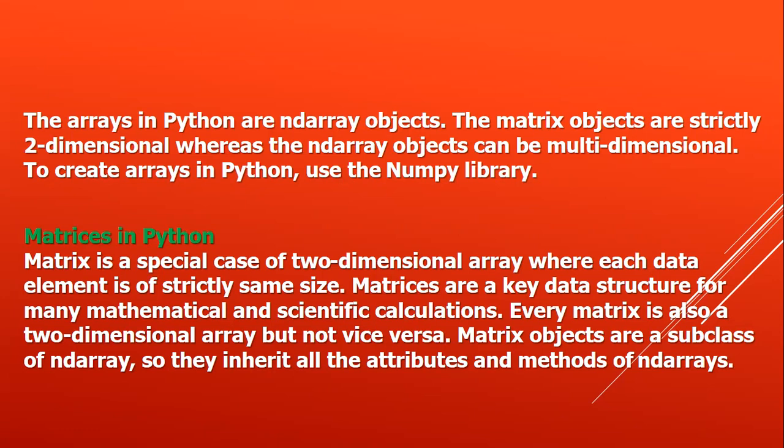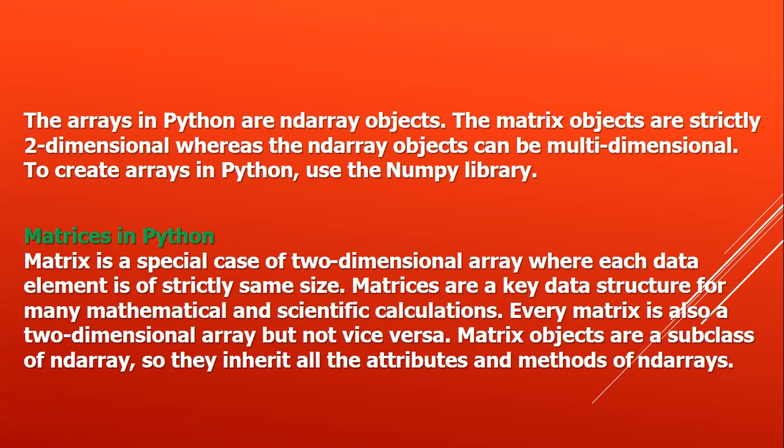Matrix in Python: a matrix is a special case of the two-dimensional array where each data element is of strictly the same size. Matrices are a key data structure for many mathematical and scientific calculations. Every matrix is also a two-dimensional array, but not vice versa.